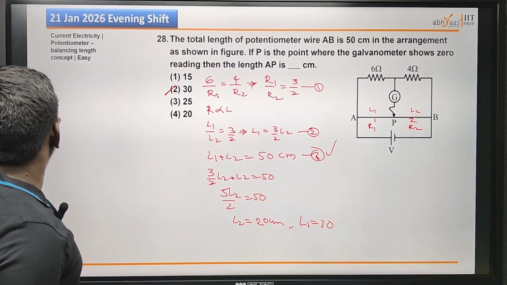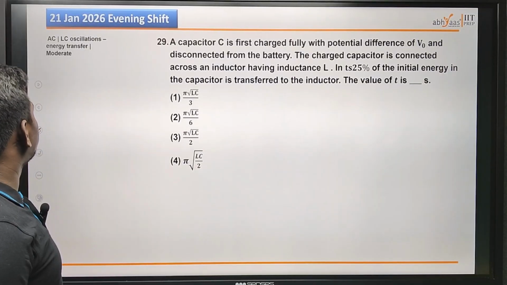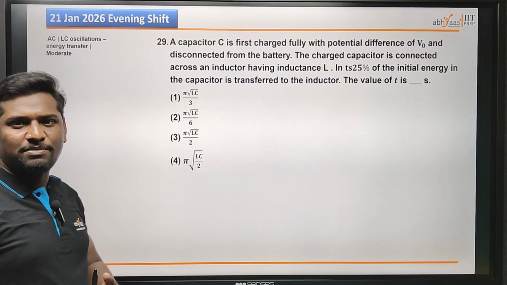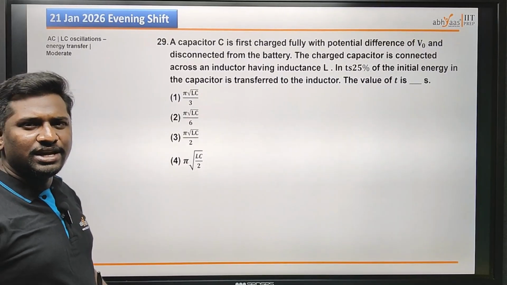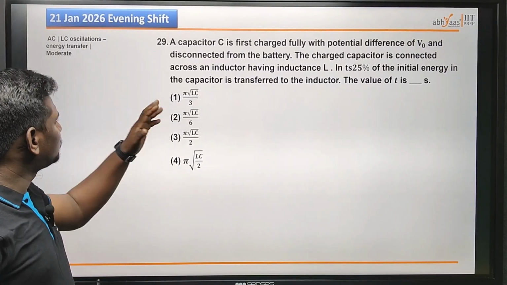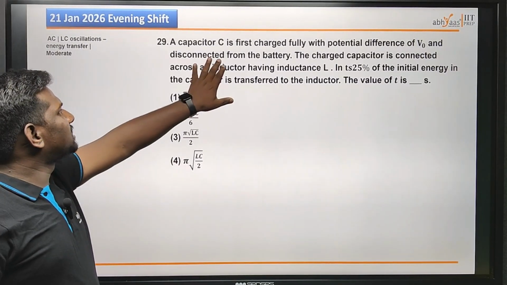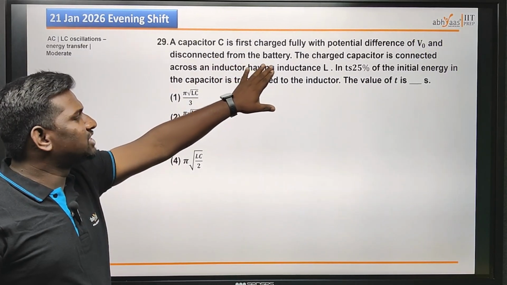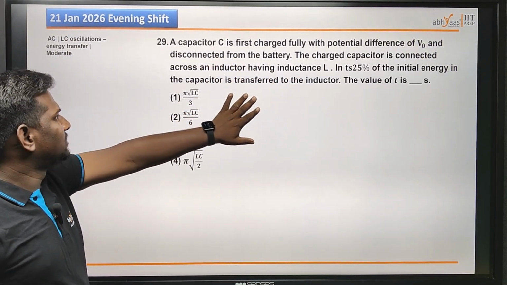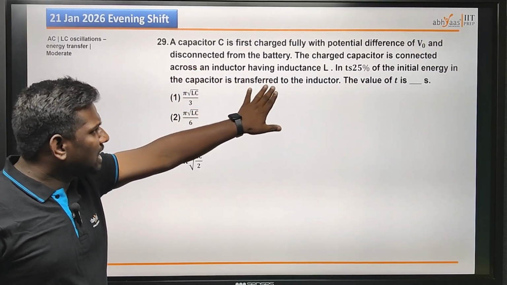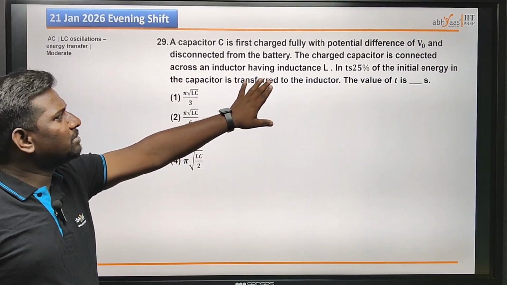So next question, see here, 29. This question is from alternating current, LC oscillations. It includes the LC circuit. Observe the question. The capacitor C is first charged fully with a potential difference of V0 and then disconnected from the battery.